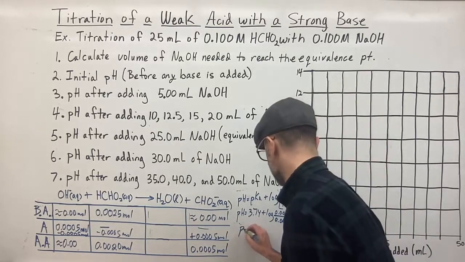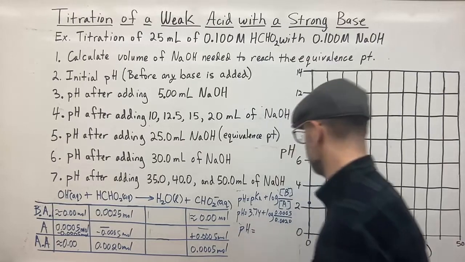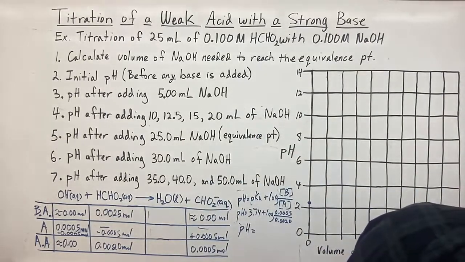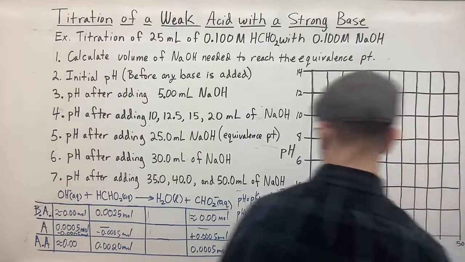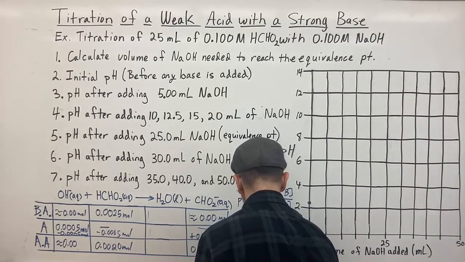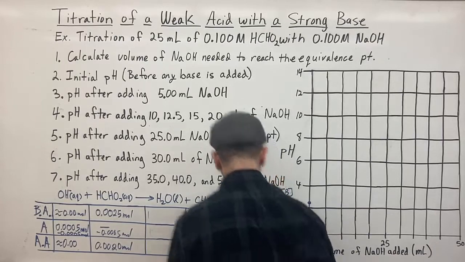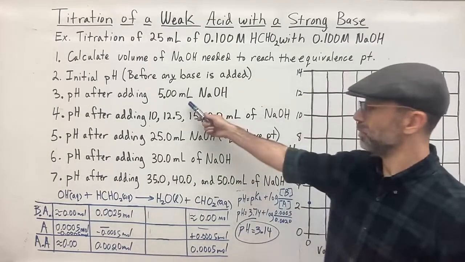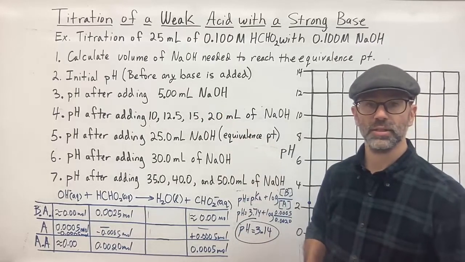And then when we calculate that out, I already calculated this out, it's going to be 3.14. So now the pH is 3.14 after adding 5 milliliters of your NaOH.